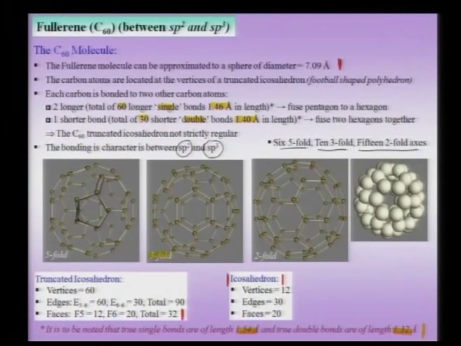So, in some sense, the fullerene molecule can be considered as a buckled form of the graphene sheet, though you can see clearly that to do so you need to introduce pentagons, and you cannot have a structure with purely hexagons. And in understanding crystal structure, we can approximate this to be really like a football, in other words like a sphere of about 7.09 angstrom in length. So, we will start with this fullerene molecule and try to understand the formation of the fullerene crystal.